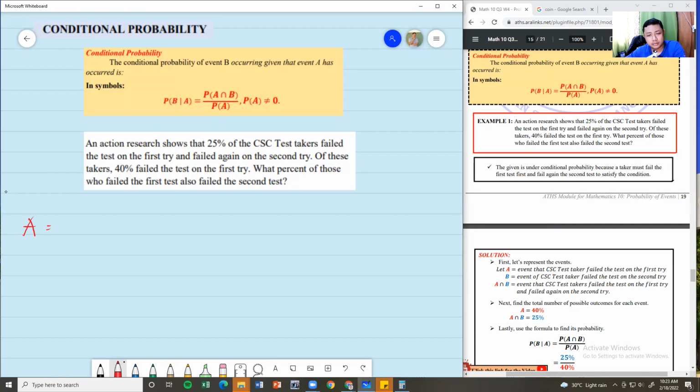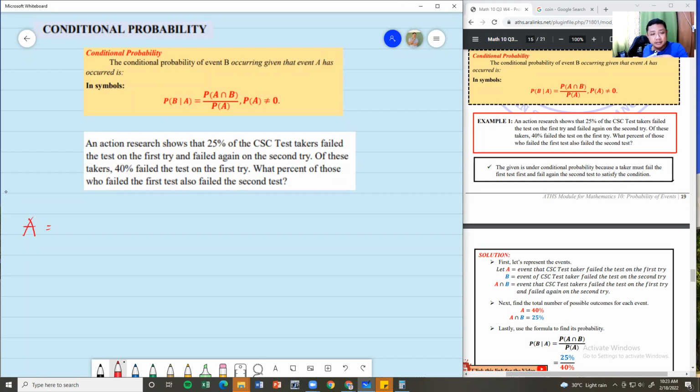Of these takers, 40% failed the test on the first try. What percent of those who failed the first test also failed the second test? There are two sets of tests in that CSC exam. So this 25% failed the first try and then failed the second try.